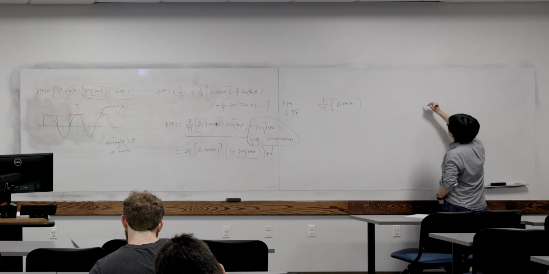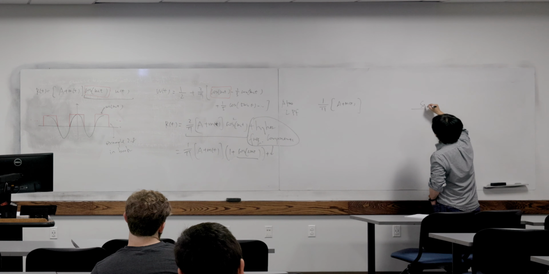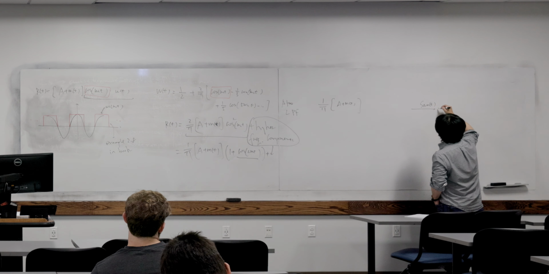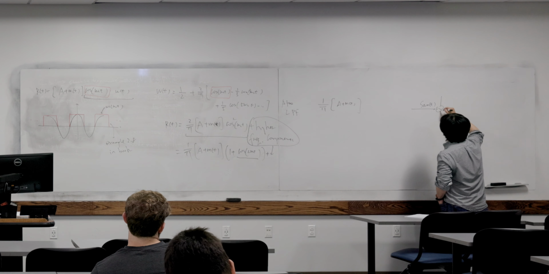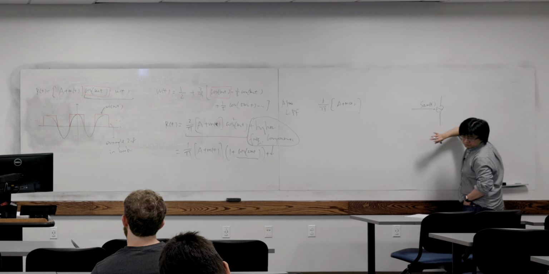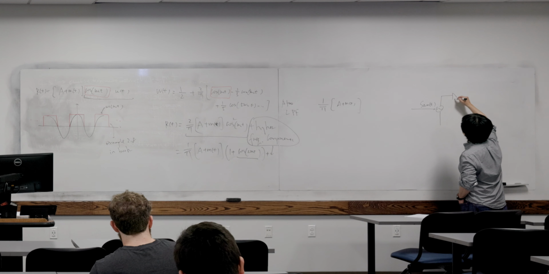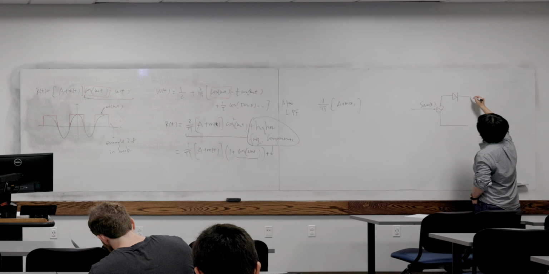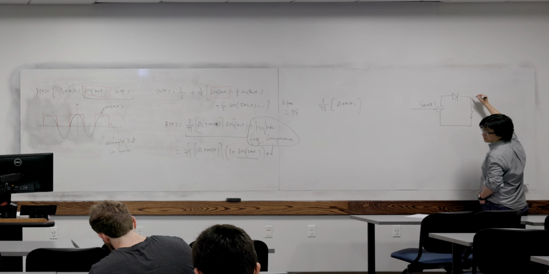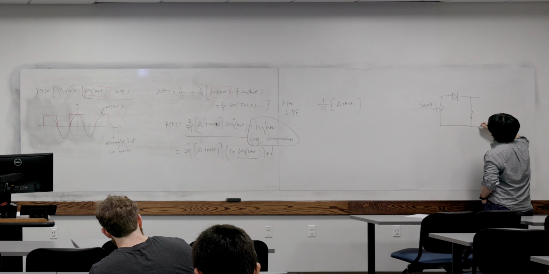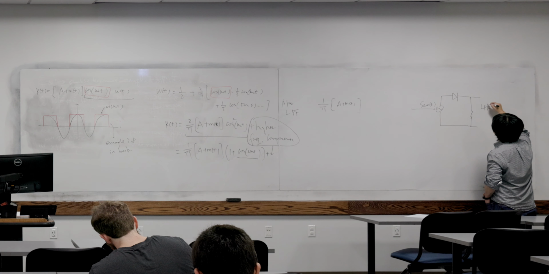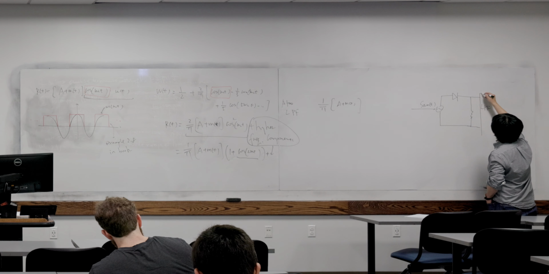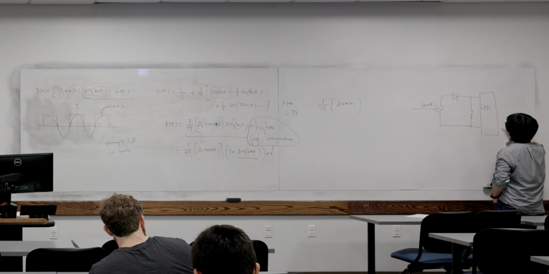So basically, our input is our Sm of t, and then I'll repeat what we got before. We have a diode here, and then this. After that, we're going to pass the signal through a LPF. This is the LPF.